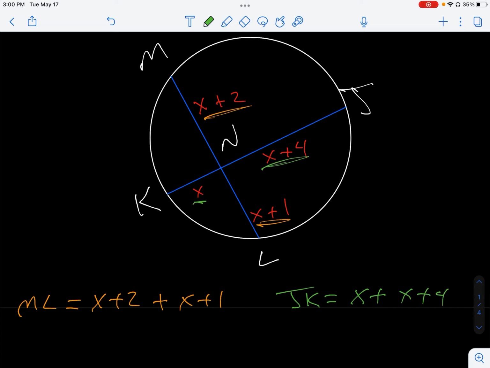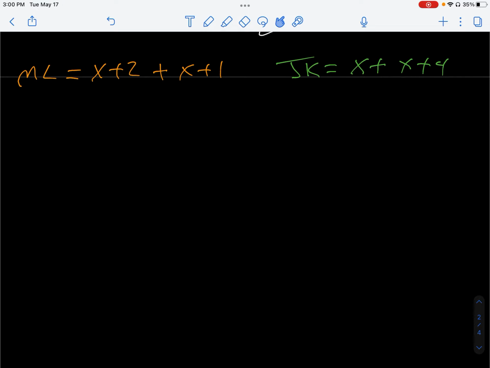This segment plus this segment gives us the distance of both chords. But we don't know what x is, so we can use our theorem to figure out what it is.